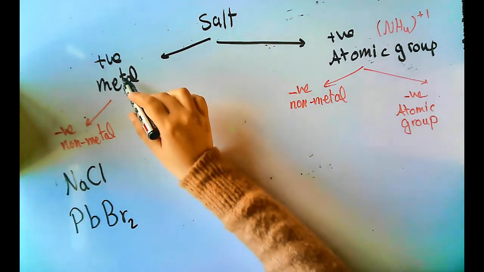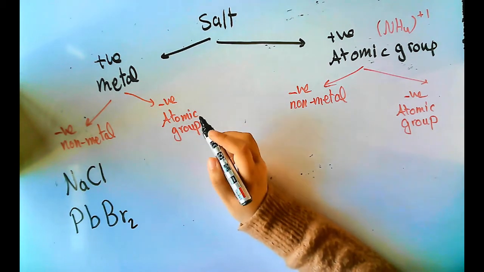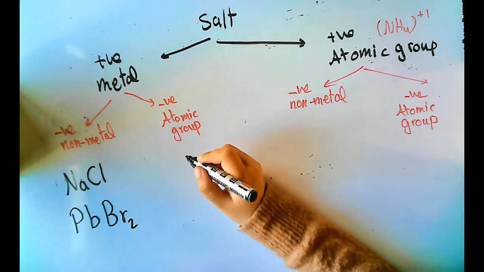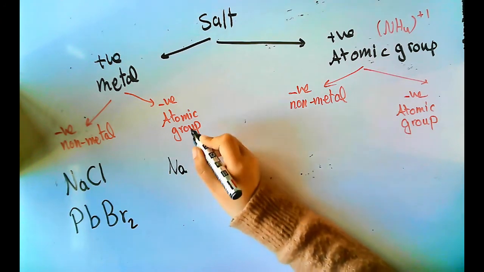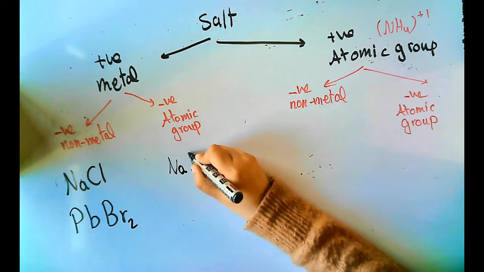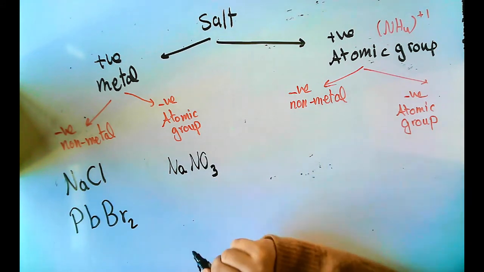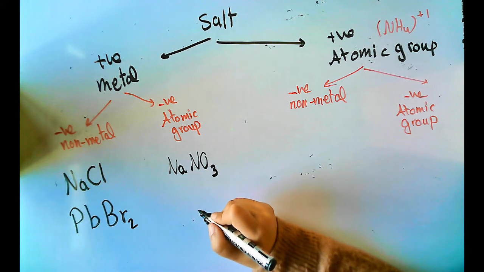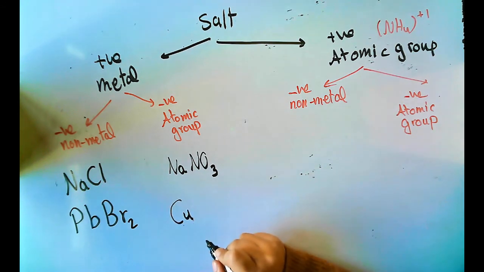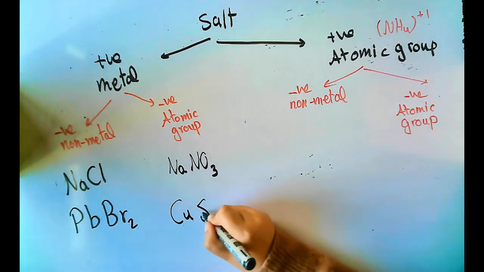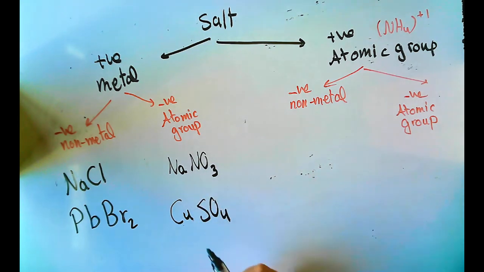Or a positive metal with a negative atomic group except hydroxide, which is present in bases or alkalis. A positive ion like sodium and a negative atomic group like nitrate, sodium nitrate. Or a positive metal ion like copper and a negative atomic group like sulfate, copper sulfate.